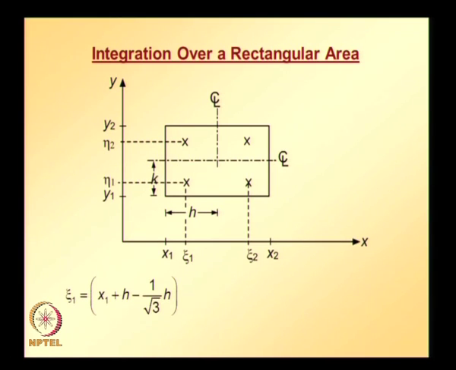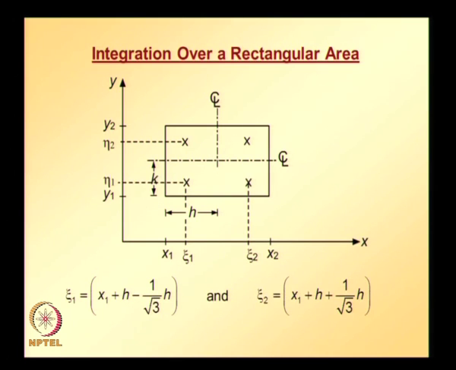This is the relationship between the integration point location with respect to the local coordinate system indicated in the figure, and this equation gives the relation between the psi coordinate system and the x coordinate system.